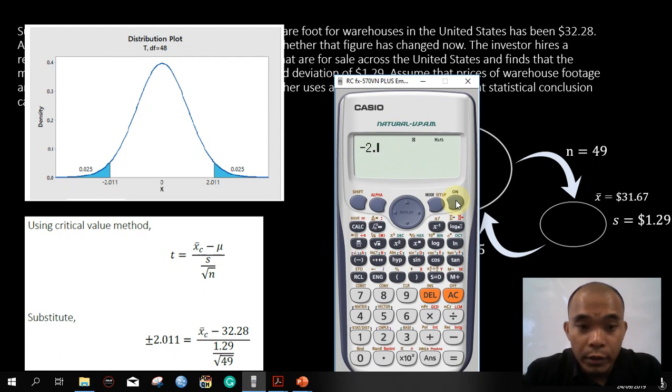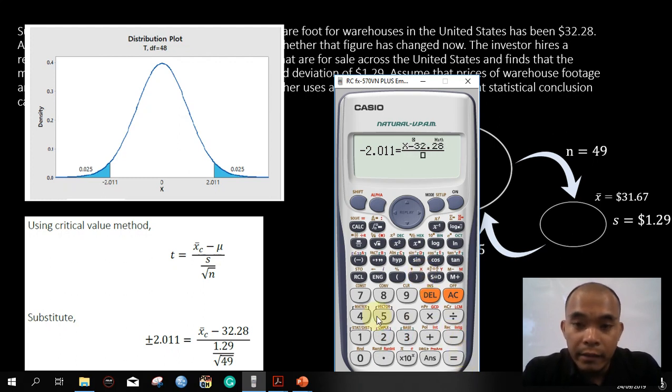So let's start with the negative value, 2.011, because this is the positive and negative here. So we have to solve it individually. And then the equals here, not this equals here. We have to access the alpha equals. And then we have to access the fraction. And then xc, we have to use the alpha x here. And then minus the 32.28.